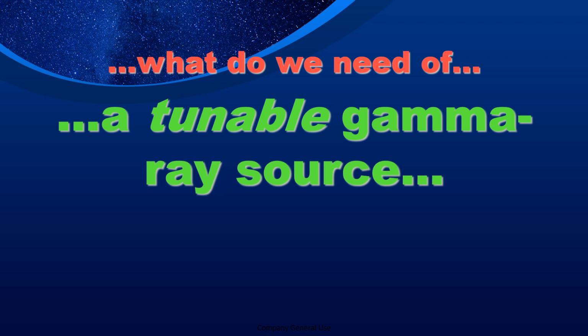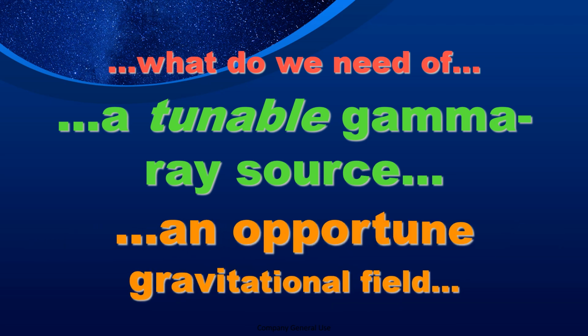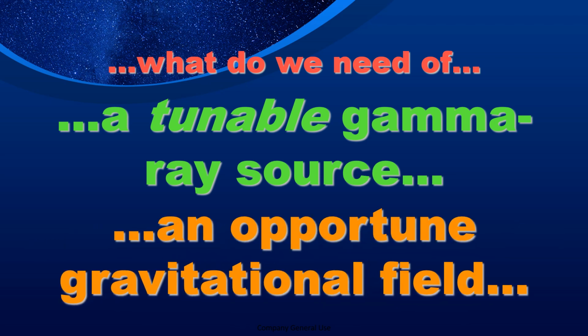We need a tunable gamma ray source, the one providing the radiation to be deflected, and an opportune gravitational field, that is, an opportune mass that will determine the gravitational field, the gravitational action that, in the experiment we have conceived, will deflect electromagnetic radiation because of a true interaction.